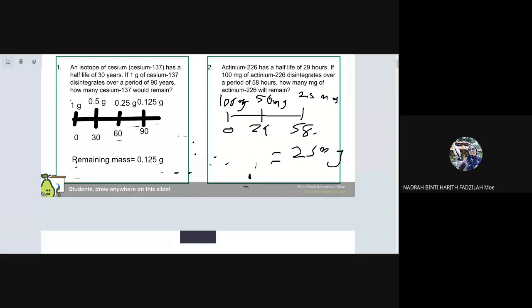Okay, Barada almost there, very good. Okay, Aiman Syamil, your first question is very good ya. Very clear work. Sama juga dengan Raja Nur Alisha, tinggal nak tulis unit saja, 0.125 gram. Okay, Nurul Alia almost there. Okay, Amita pun almost there. Okay, Putri Dania, you can do it. Okey, kejap. Siapa lagi yang boleh pergi ke next slide ni?